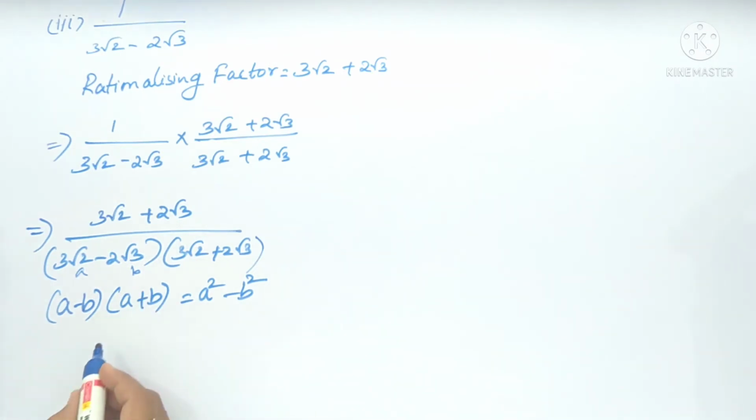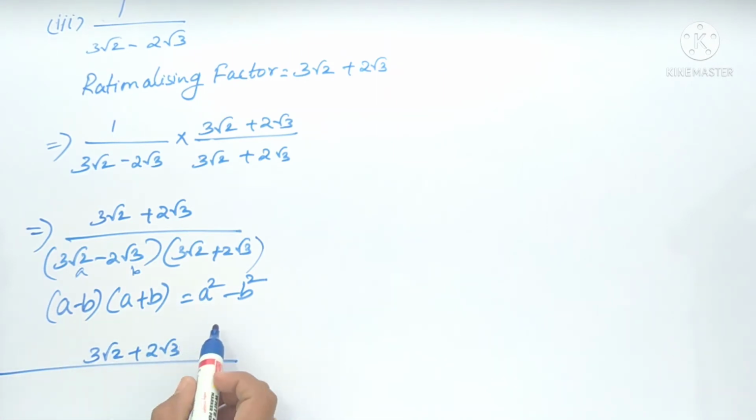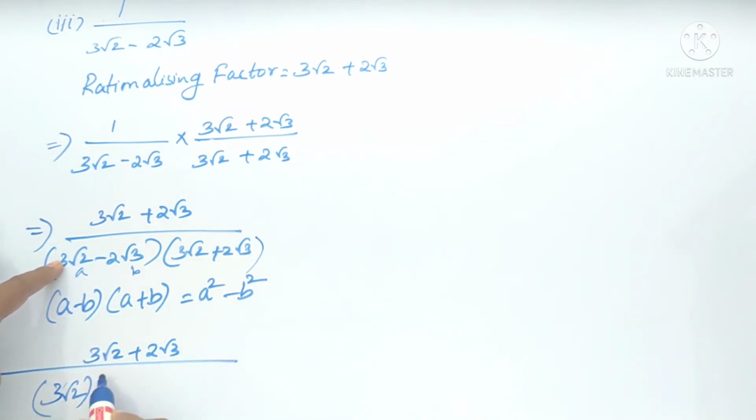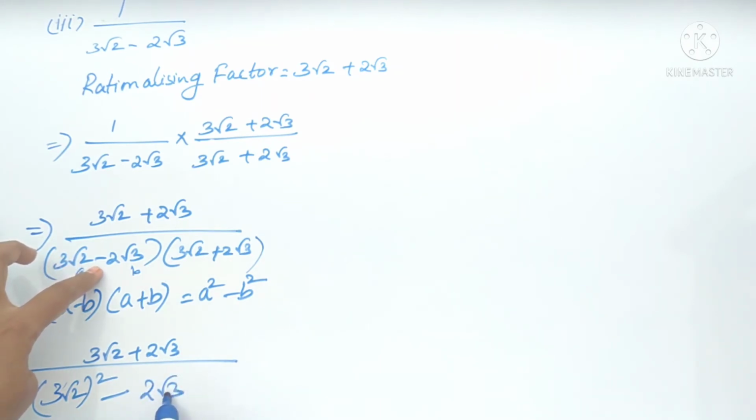So (3√2 + 2√3) by a square minus b square, the denominator value. So in the place of a, (3√2) whole square, minus, in the place of b, (2√3) whole square. Okay, so now we will calculate this.